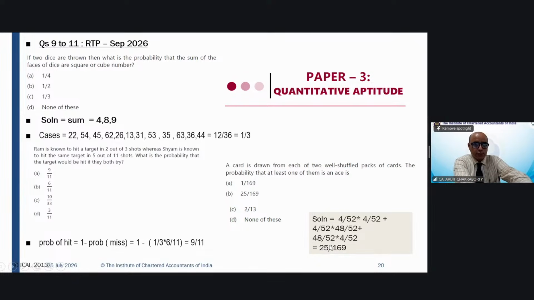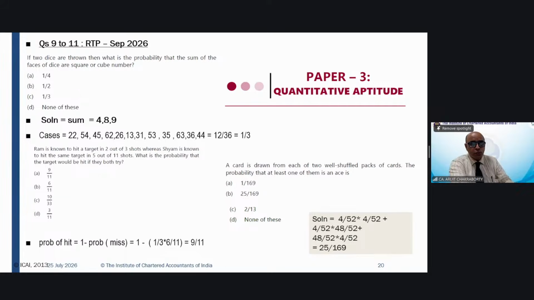Please see the next possibility. And similarly, the last possibility is left hand, I am pulling a card, it is not an ace. The right hand, I am pulling a card, this is an ace. So this situation is depicted by left hand, not an ace, probability is 48 by 52, and right hand, I am pulling an ace, this is 4 by 52.